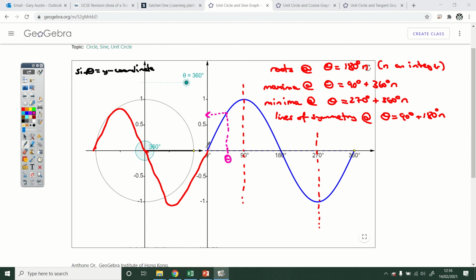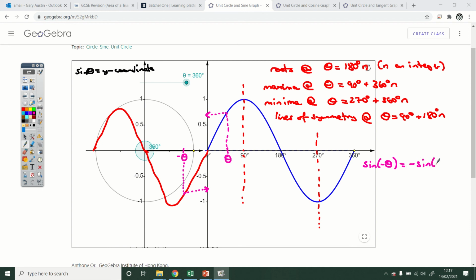If you then go to the negative side and go to negative theta, I want to think about what happened to the value of sine in this case. So what's going to happen is it's going to go down to this part of the function here and then across this way. And if I've drawn this accurately, what should happen is that the value of sine should swap its sign, if you like. So there's a property we can write down, which is this. Sine of negative theta is going to be the negative value of sine of positive theta.